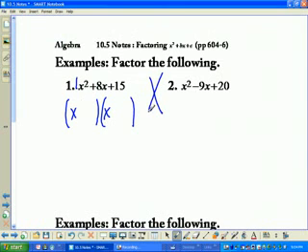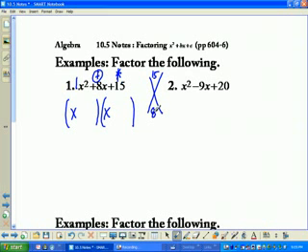Now, I'm going to look at what two numbers multiply to 15 and add to a positive 8. The reason it multiplies to 15 is the last term. The outside and inside add together to get 8. So these are like the diamond problems we did at the beginning of class. So I'm looking at what two numbers multiply to 15 and add to 8.